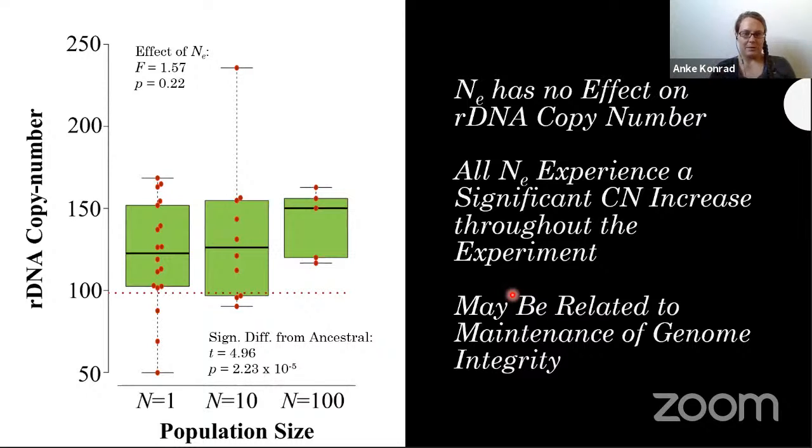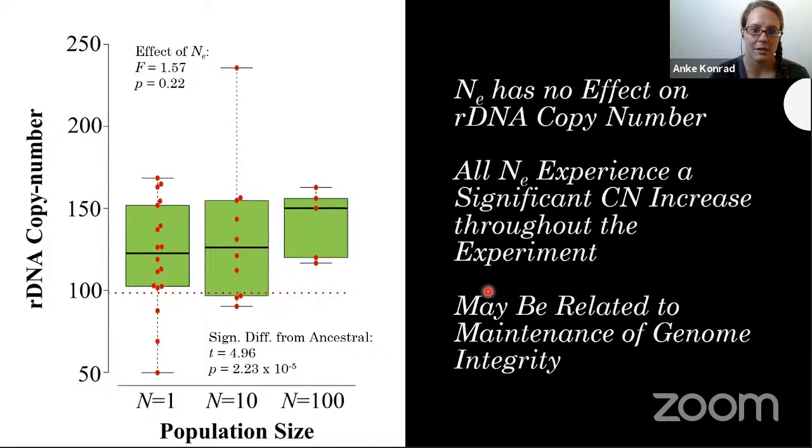And there are two side points to this story with the expression and the copy numbers. The first one is the ribosomal DNA copy number. While it does not change with population size, in all three population sizes we noticed a significant increase relative to the ancestral copy number.